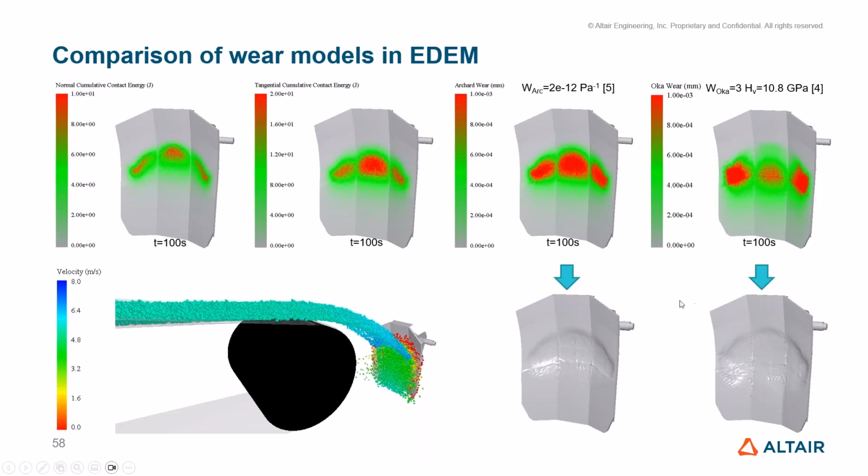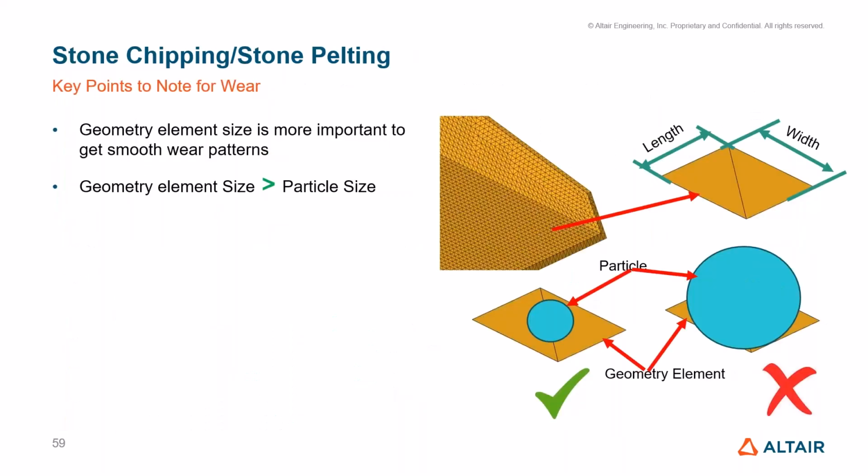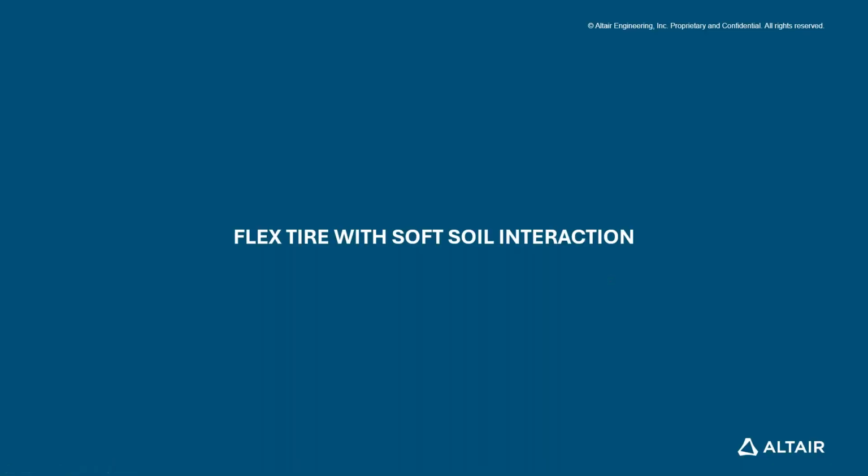Even EDEM has a capability to predict the geometric deformation for the material removed over the surface by enabling geometric deformation in EDEM wear mode. The key point in wear is that the mesh size or the element size should be larger than the particle size, otherwise your wear is not uniformly distributed.